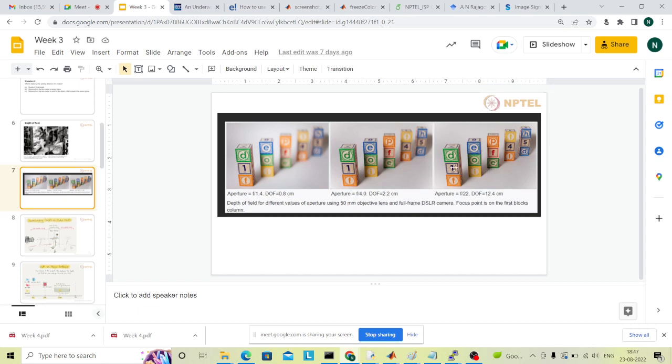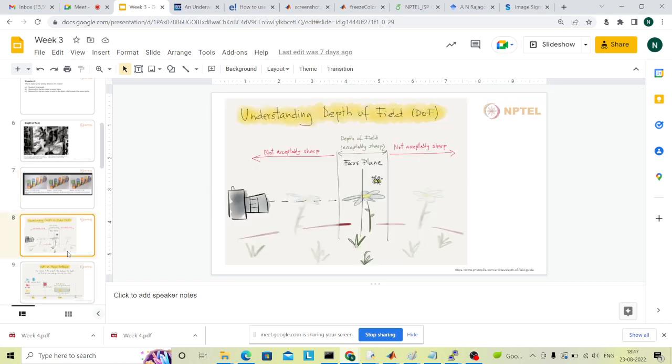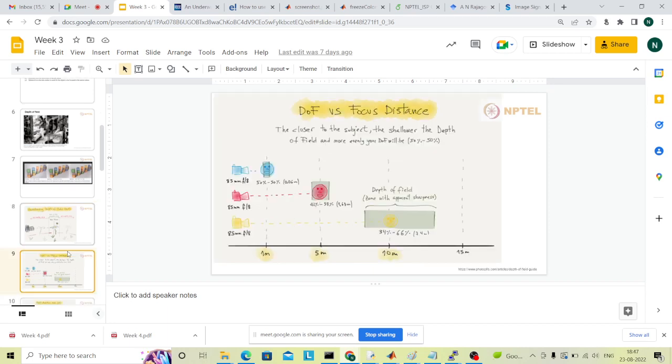In the third picture all the blocks are actually focused, but ideally speaking only one point will be focused, but we can say that they are all having a similar focus measure. So that is what is known as depth of field. Okay, so in the third picture we have higher depth of field, and the depth of field depends on different factors. That depends on focal length.